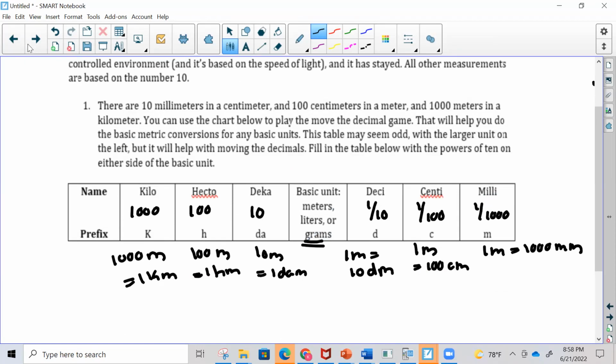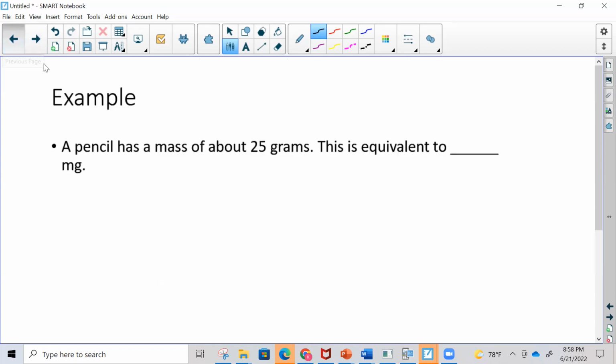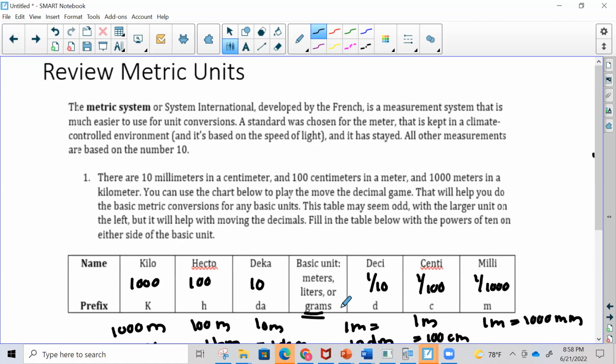And so what we did is we look at it and we count how many times we move our decimal place over. So we started at 25 grams. If I'm going from grams to milligrams, I'm moving my decimal 1, 2, and then 3 places to the right.